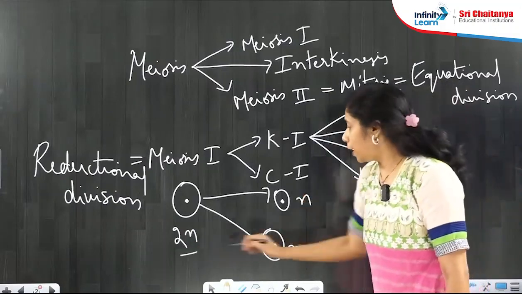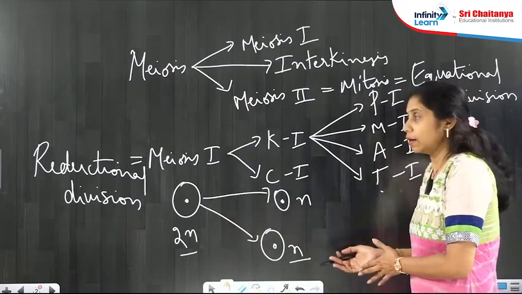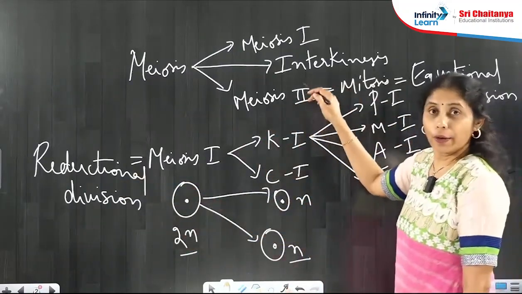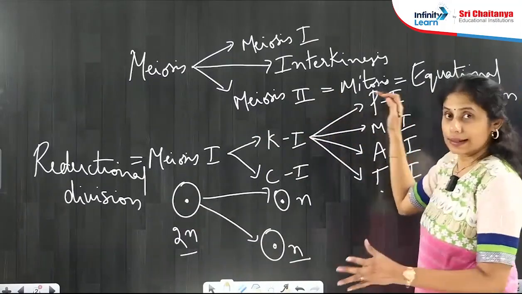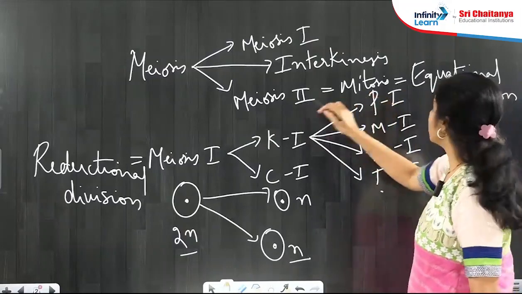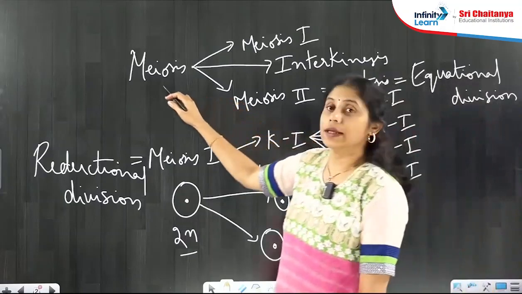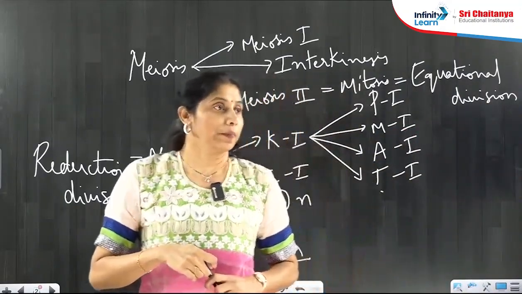As the ploidy got reduced to half, 2n got reduced to n, it is called reductional division. In meiosis 2 also you have karyokinesis 2 and cytokinesis 2, exactly similar to mitosis. So meiosis 2 is called equational division, but on the whole meiosis is called reductional division. This is how meiosis will happen.